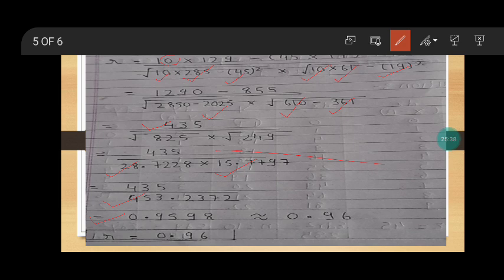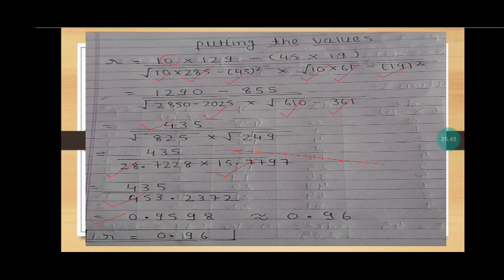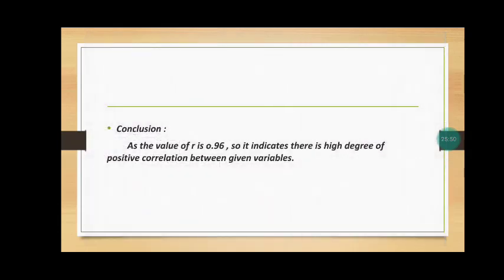Okay, so as we have seen here, we have calculated the value of correlation, and it has come to 0.96. Now what we have to do? Now we have to write the conclusion. As we have seen the different degrees of correlation, like perfect correlation, high degree of correlation, moderate degree of correlation, low degree of correlation.